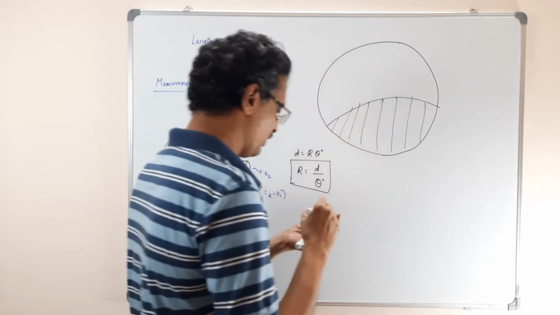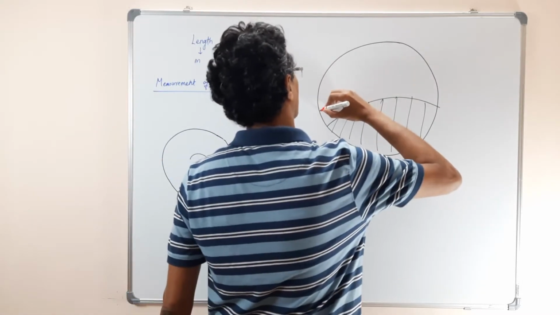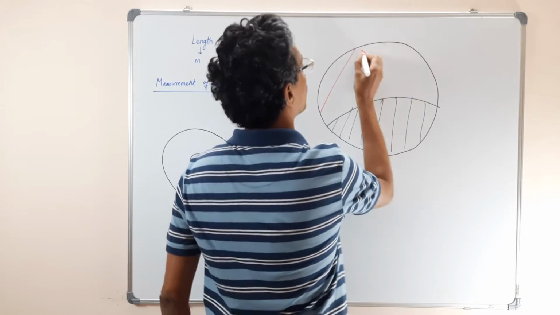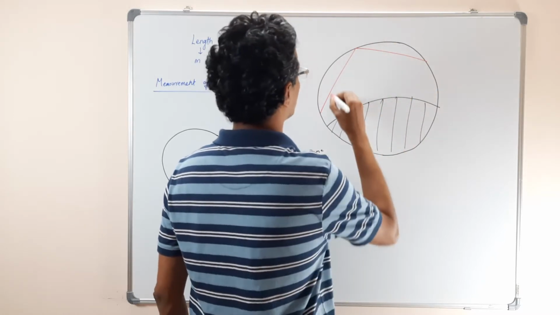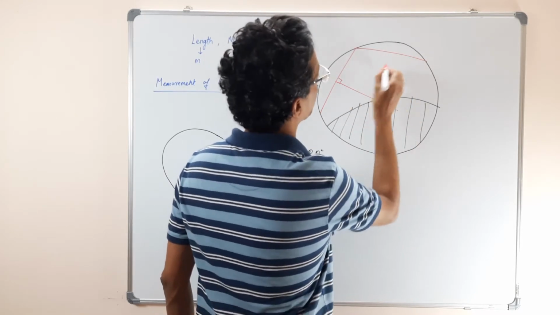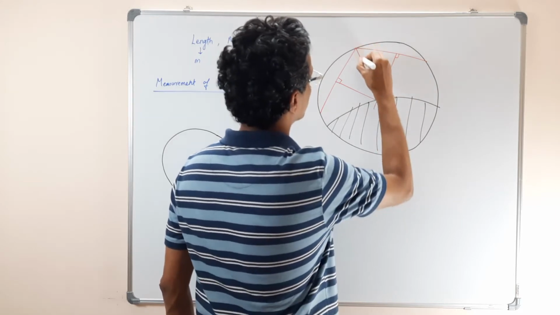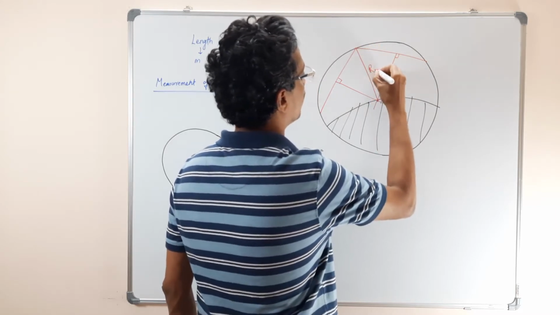So how will he find the radius of this circle, that is the moon? That is simple. You draw two chords, take a perpendicular bisector, and take another perpendicular bisector. Where it cuts, this is the center. So this is the R moon.